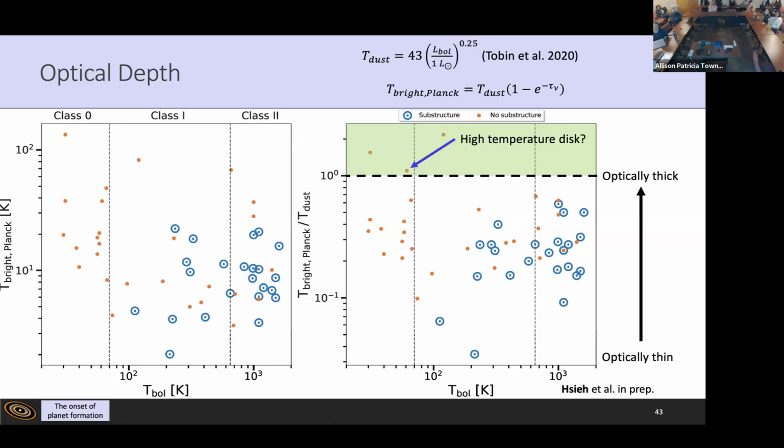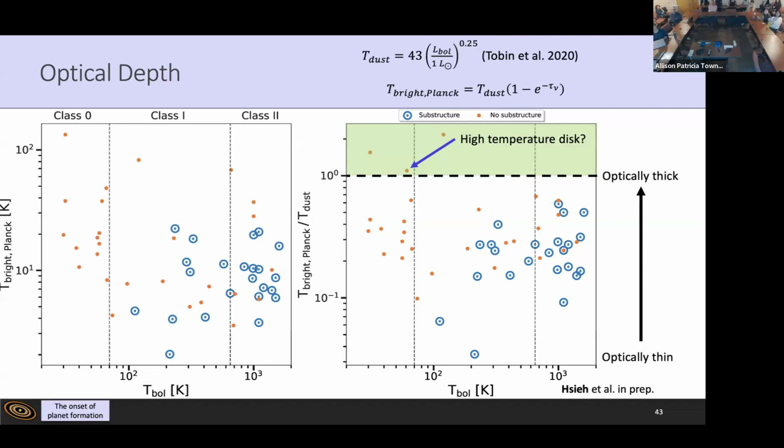Then we obtain the dust temperature from Tobin et al. 2020, and we divide the ratio to get a rough estimate of the optical depth. We see that there's no transition at around 200 Kelvin. So we suggest that this transition with and without substructure is not due to the optical depth effect alone.